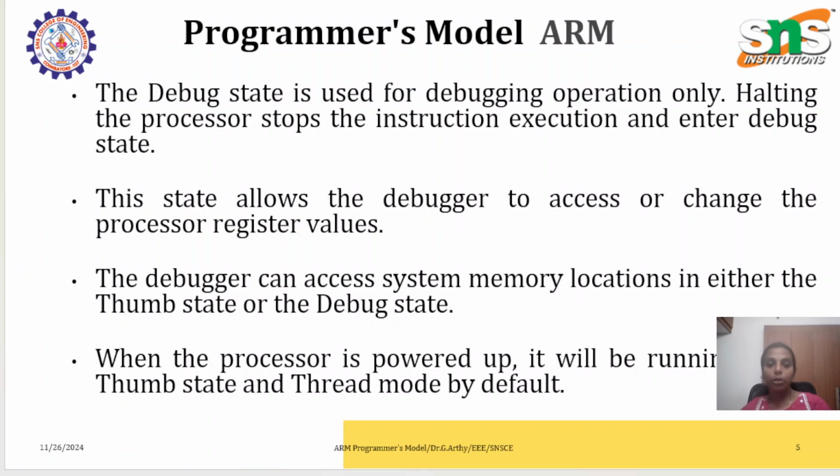Halting the processor stops the instruction execution and enters debug state. This state allows the debugger to access or change the processor register values. The debugger can access system memory locations in either the thumb state or the debug state. When the processor is powered up, it runs in the thumb state and thread mode by default.